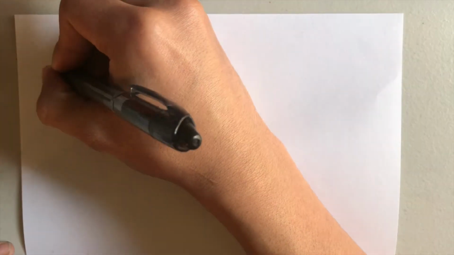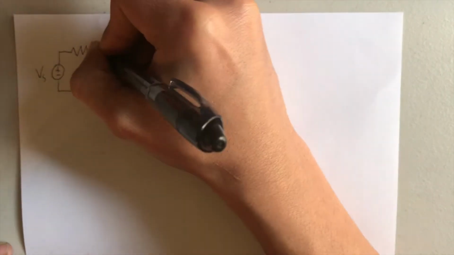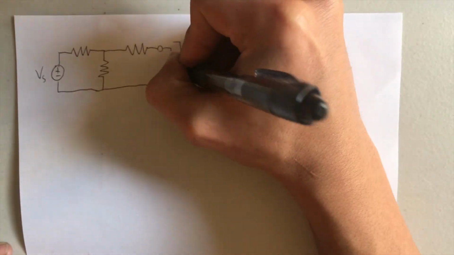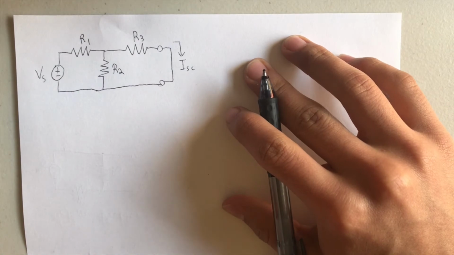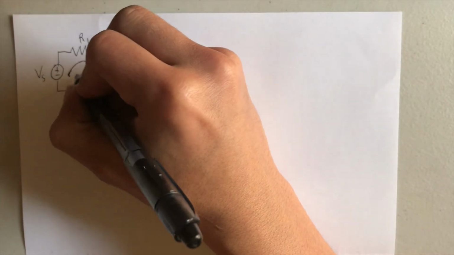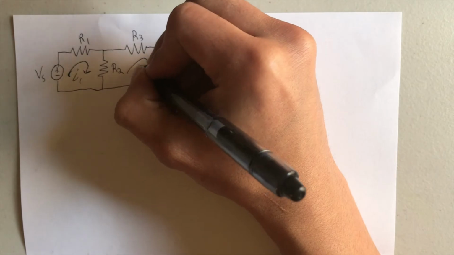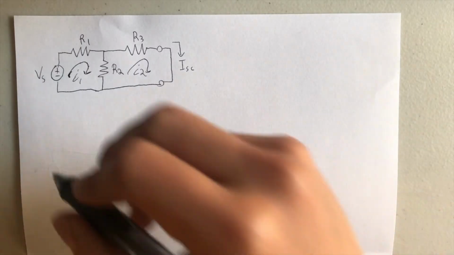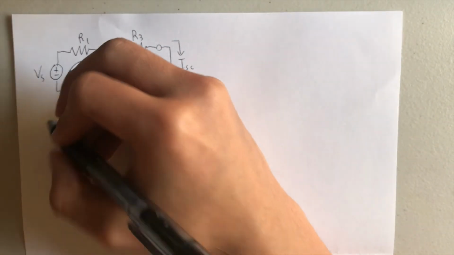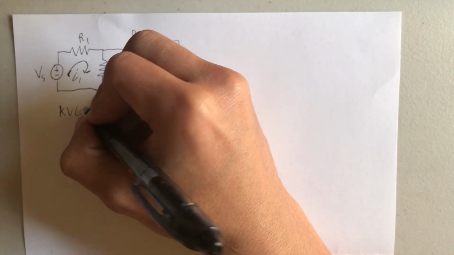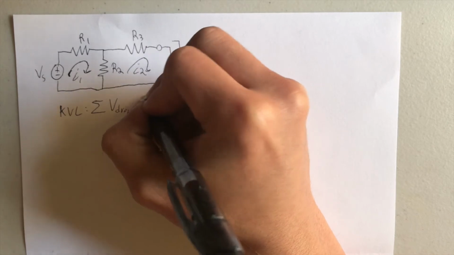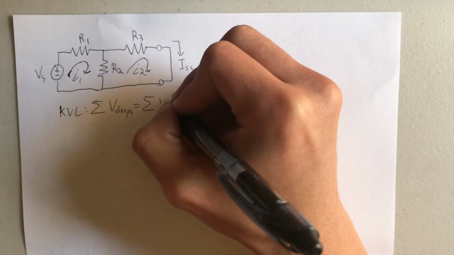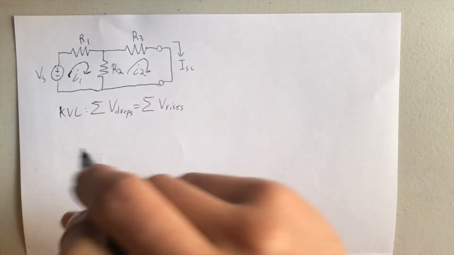Now we're going to find the short circuit current. We're going to use mesh loop analysis again. And we're going to notice that we get the same exact result. And like last time, we're going to apply KVL, which tells us that the sum of the voltage drops is simply equal to the sum of the voltage rises around any closed loop.